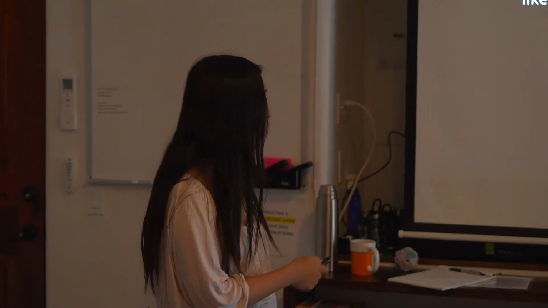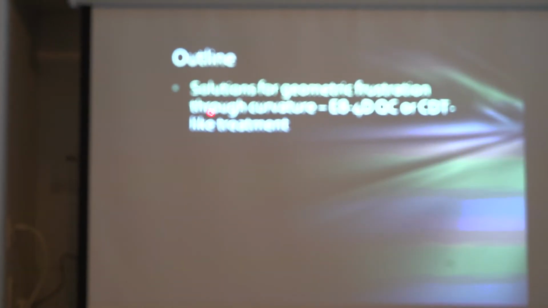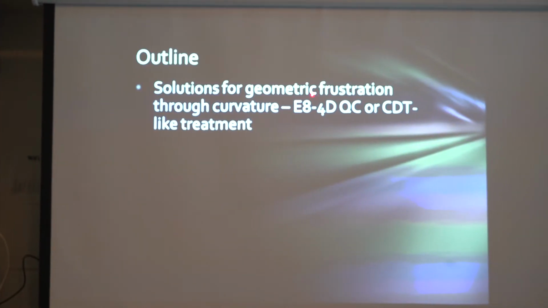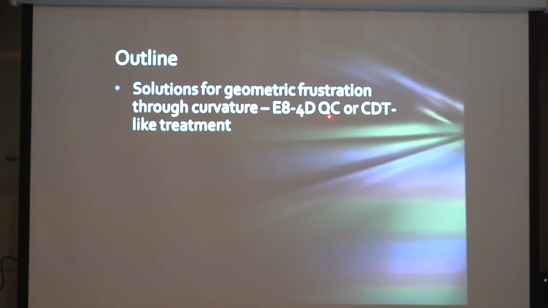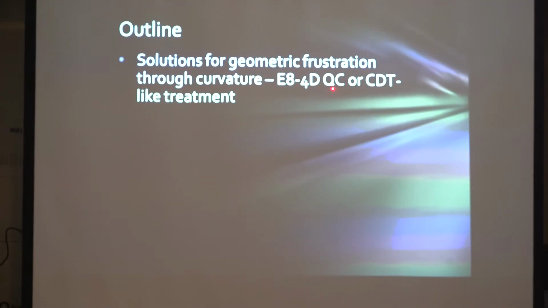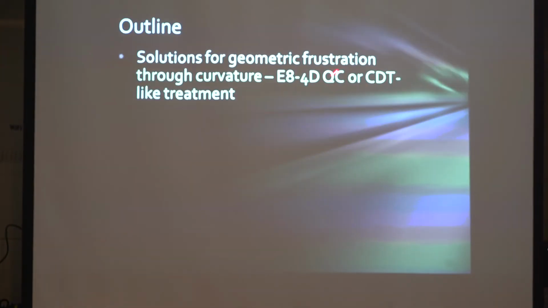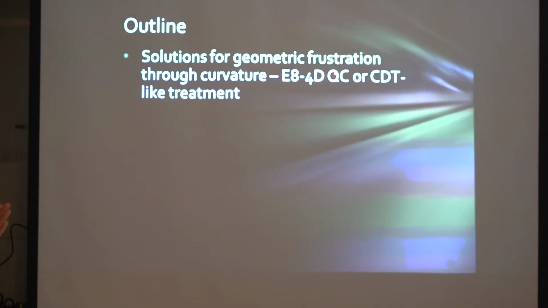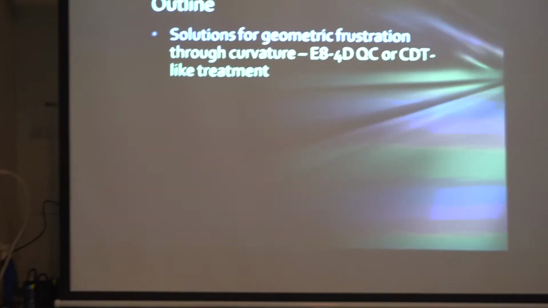Okay. So anyway, solutions for geometric frustration can be through curvature, and that is the E8 to 4-dimensional quasi-crystal. Well, maybe I should better say the 600 cells in the E8 to 4-dimensional quasi-crystal, because these E8 quasi-crystals are made of intersecting curved three-dimensional spaces.